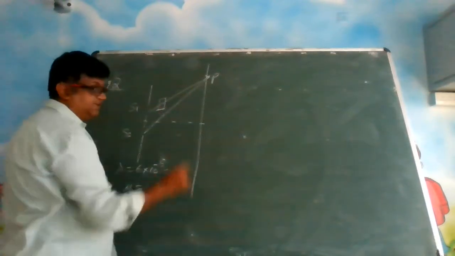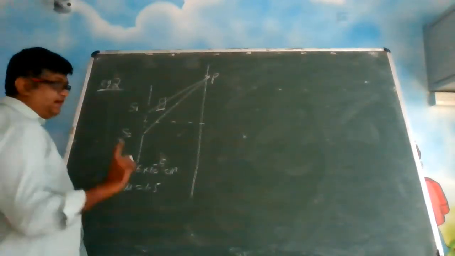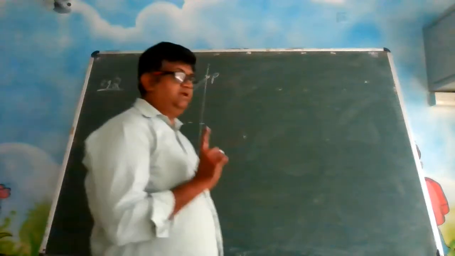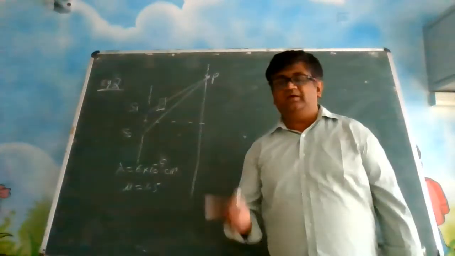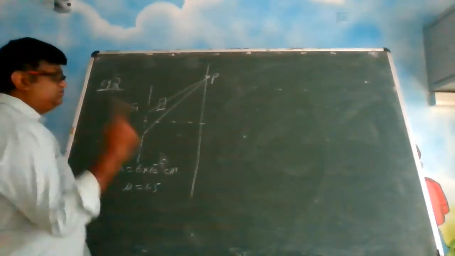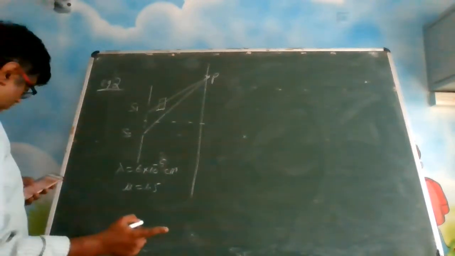Now the question says that because you put this glass slab, the path difference shifted by 30 fringes. If the fringes are displaced by 30 fringes, you have to find out the thickness of the plate.